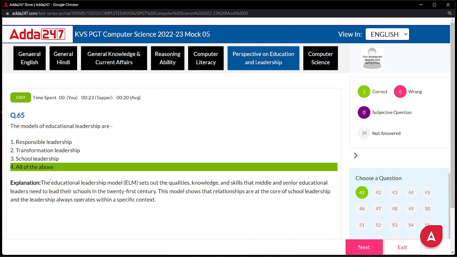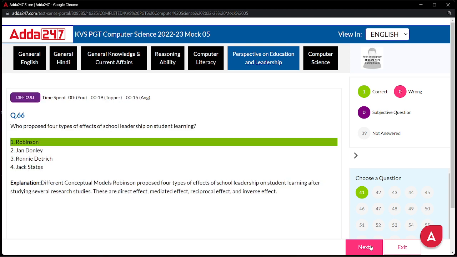In the explanation section, the educational leadership model sets out the qualities, knowledge, and skills that middle and senior educational leaders need to lead in schools of the 21st century. This model shows the relationship at the core of school leadership, and leadership always operates within a specific context. So these are the models of leadership. There are three models you have to remember: relational, transformational, and school leadership.